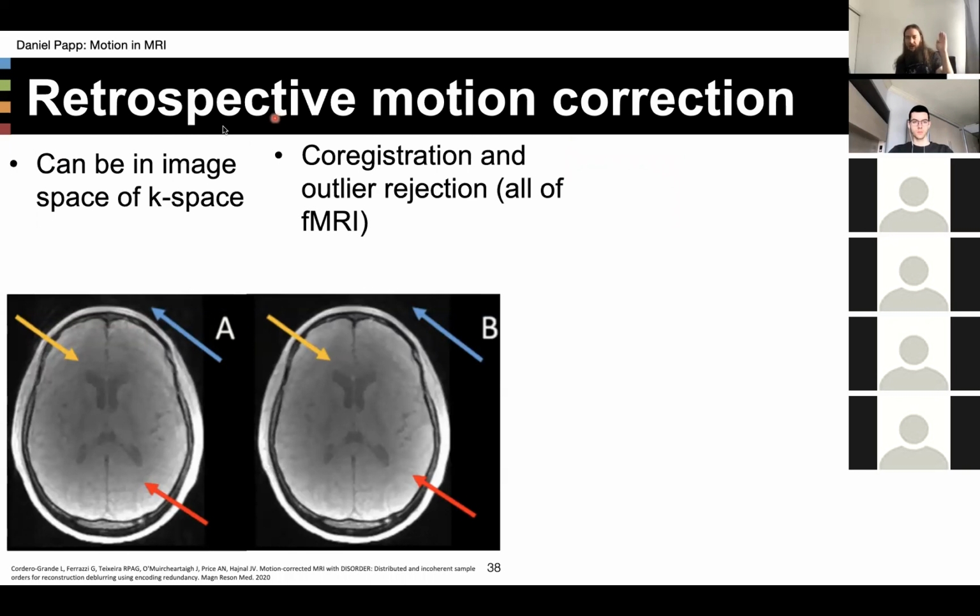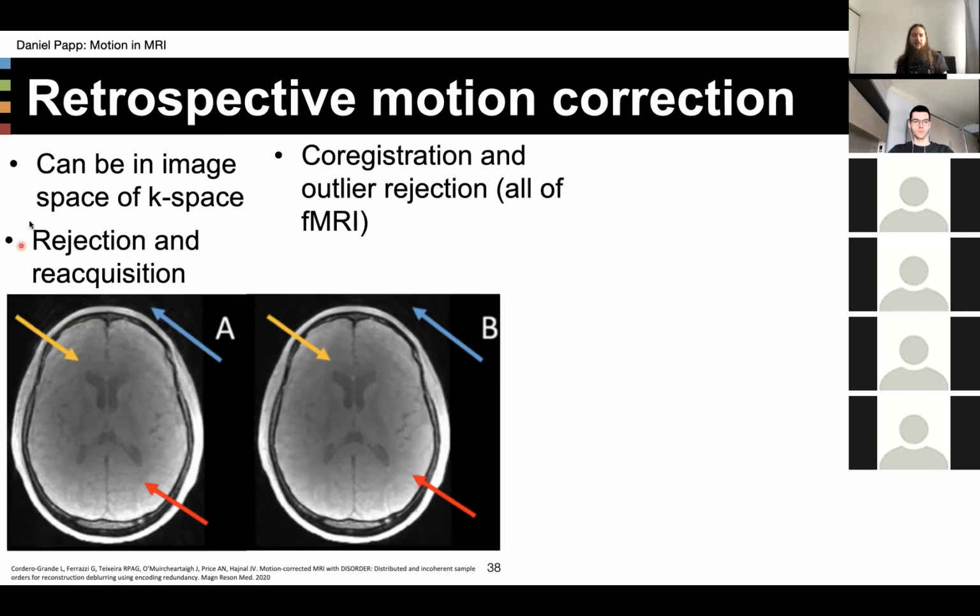You're just counteracting the bulk motion of people's heads between EPI volumes, and you say that, oh, if one volume has been acquired in this state and it's too big of a motion, you just reject it. That's the same idea.